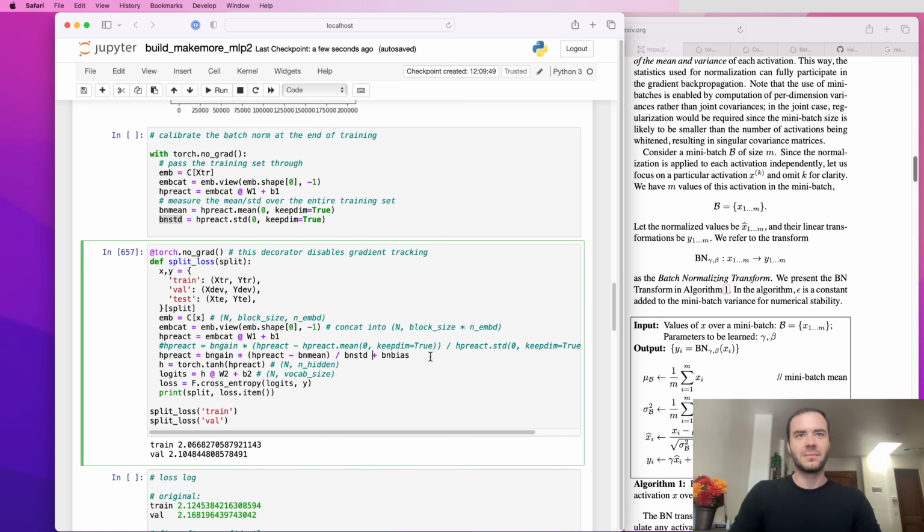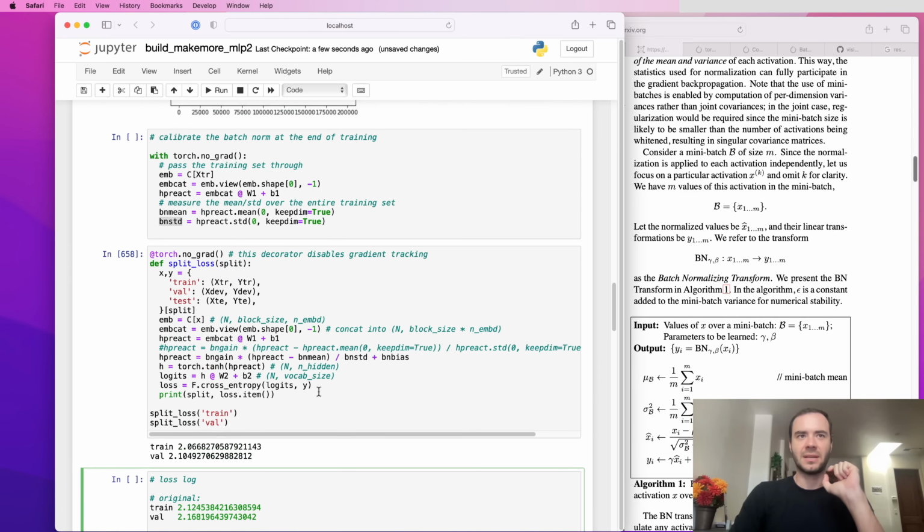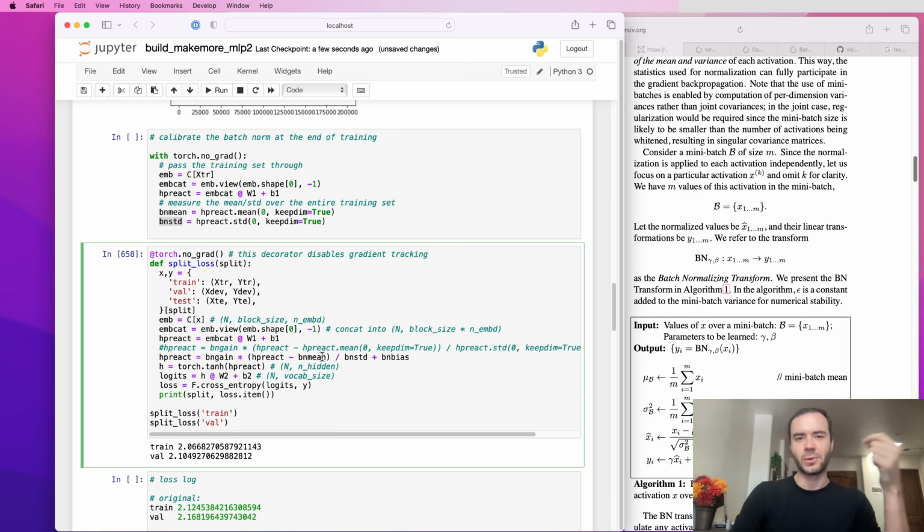And so at test time, we are going to fix these, clamp them, and use them during inference. And now you see that we get basically identical results, but the benefit that we've gained is that we can now also forward a single example because the mean and standard deviation are now fixed sort of tensors.